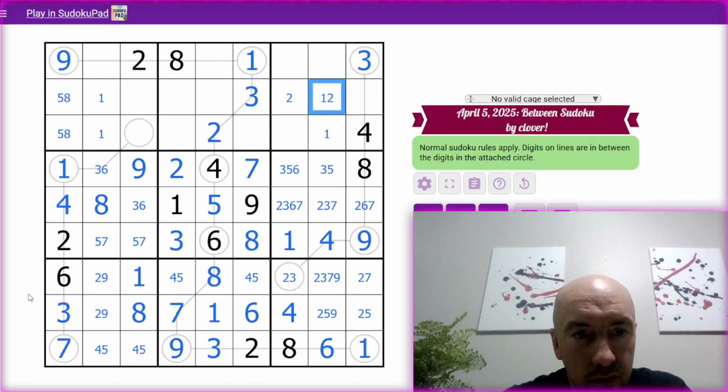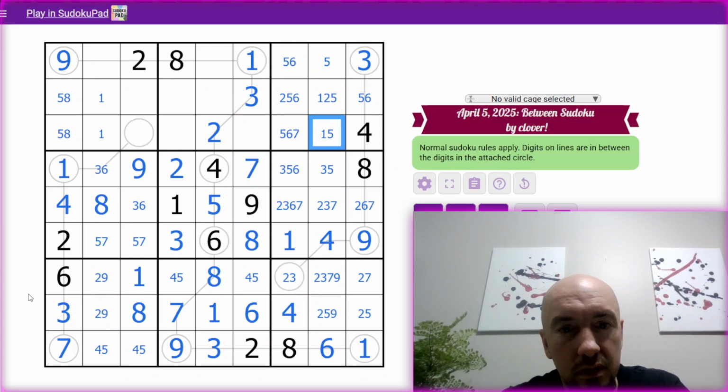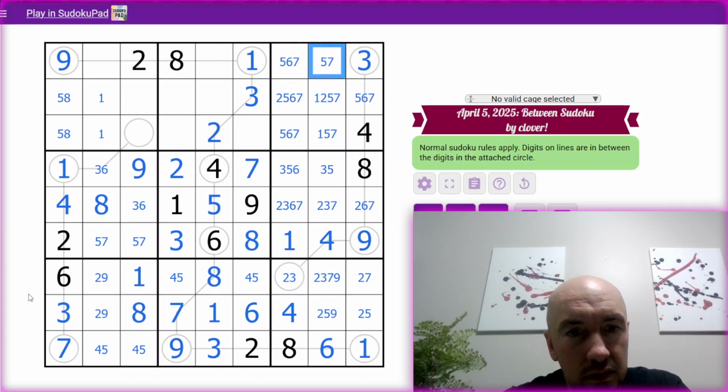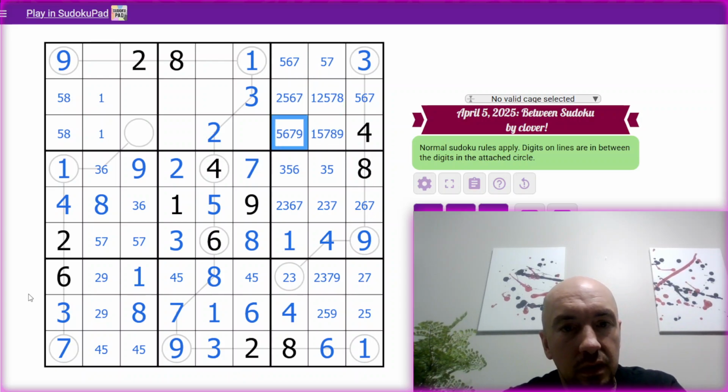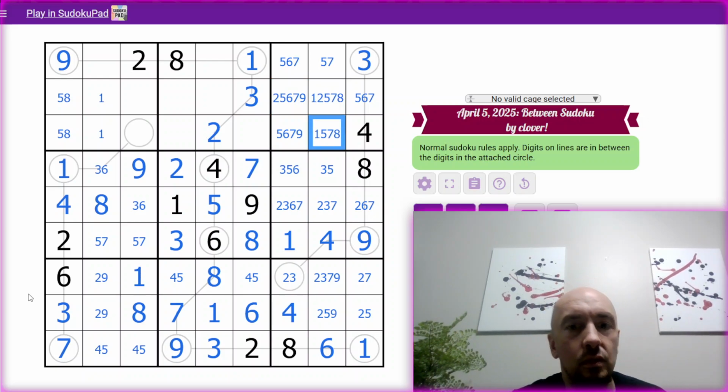Okay, 3s done, 4s done. 5s are everywhere. 6s are most places. 7s, 8s, nope, 8s are here, and then 9s. But 9 has to be there, right? So 9, or in that box.